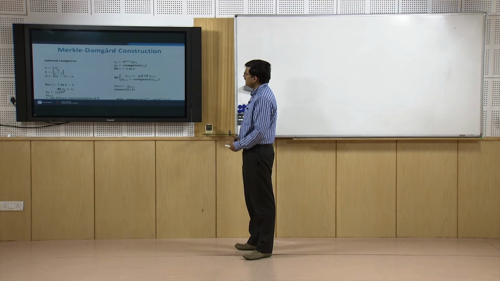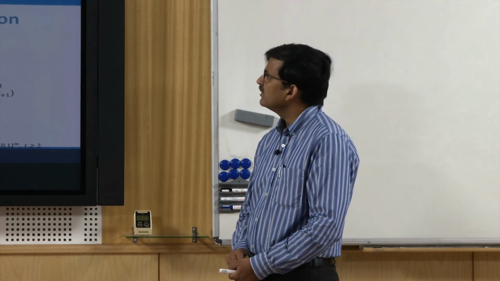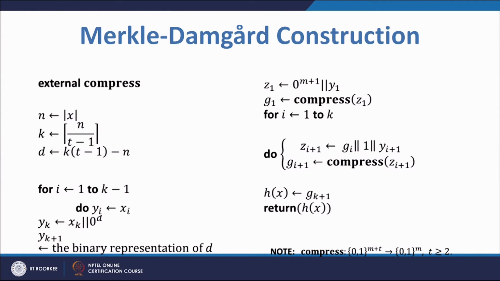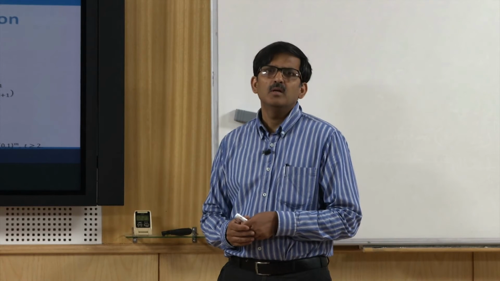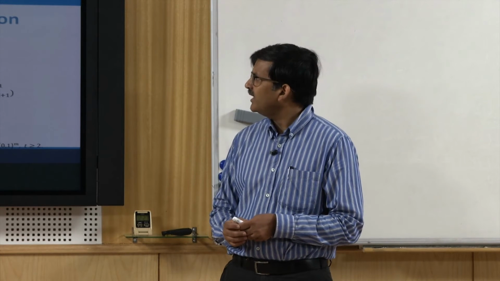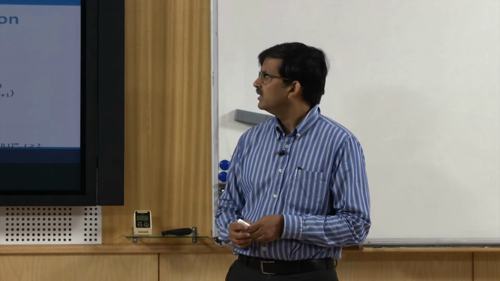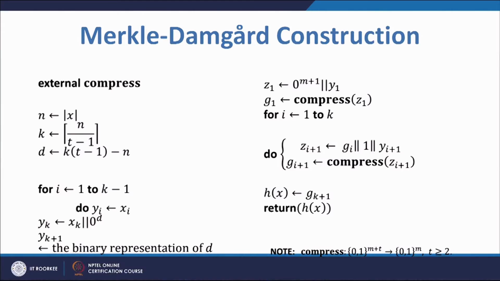Now, the construction technique is slightly different from the general iterative construction. Here, instead of breaking up into segments of t, we will break up the padded value of x into segments of t minus 1. So, we first have to determine how much we will have to pad and what will be the pad.